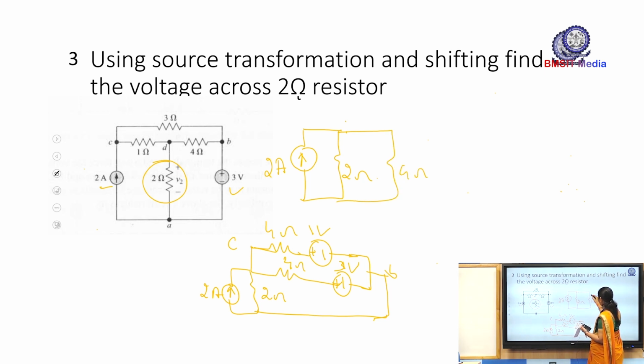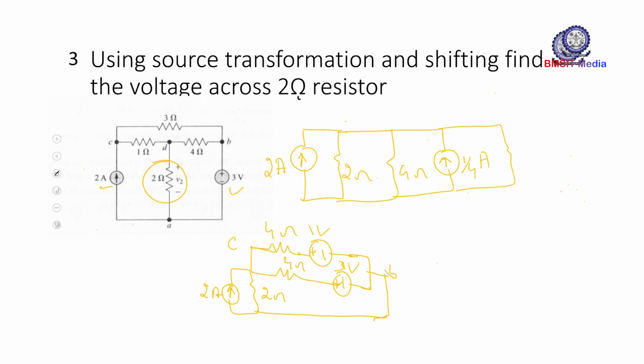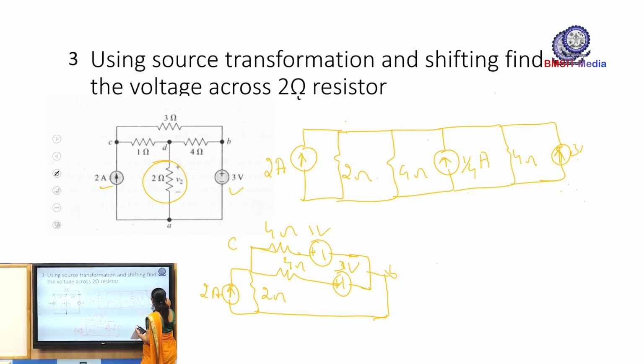Then 4 ohms, 1/4 amps, 3/4 amps. So this circuit again is transformed into this by applying the source transformation. Okay, voltage to current source transformation.